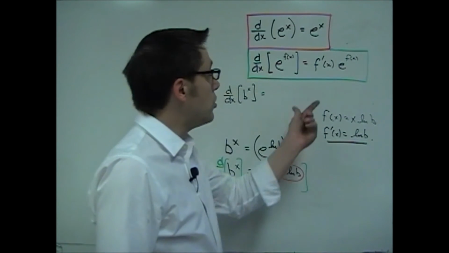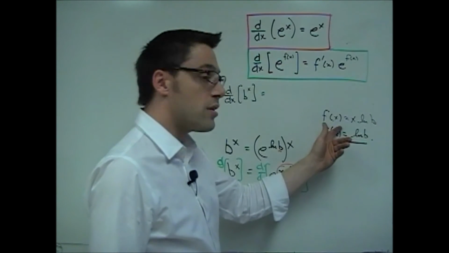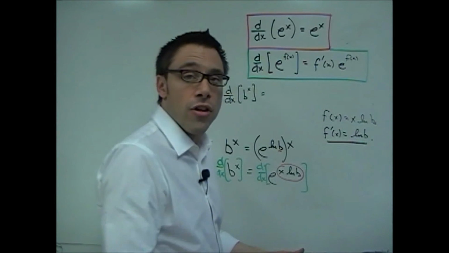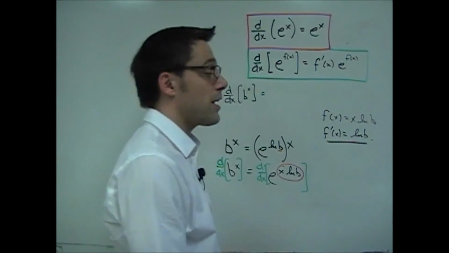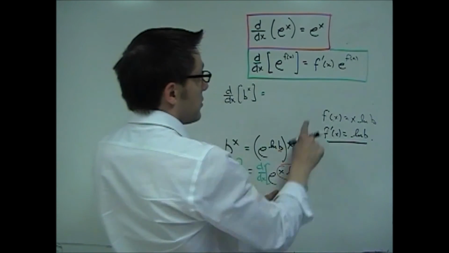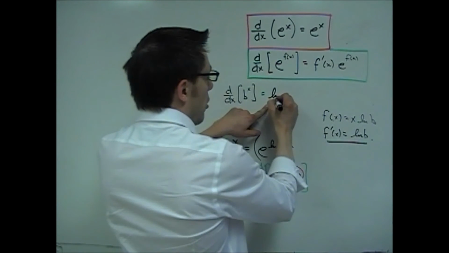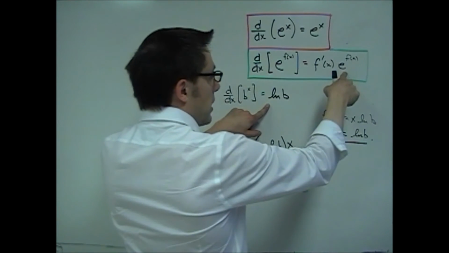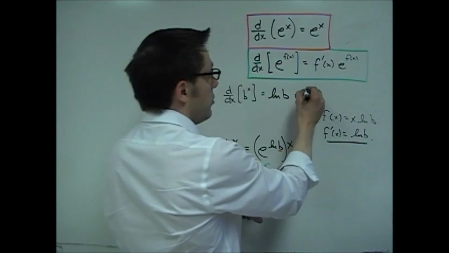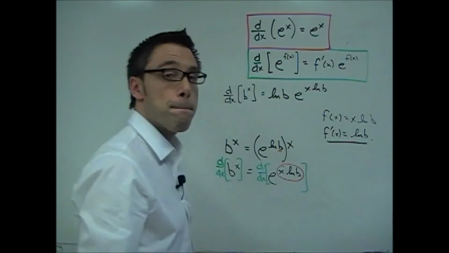Again, I'm going to use this property up here in the green box. I've already figured out what f is and what f prime is, so all I've got to do is put it back together again. The derivative of this is f prime, which is given right here, log b, multiplied by e to the f of x, so this is e to the x log b. Great.